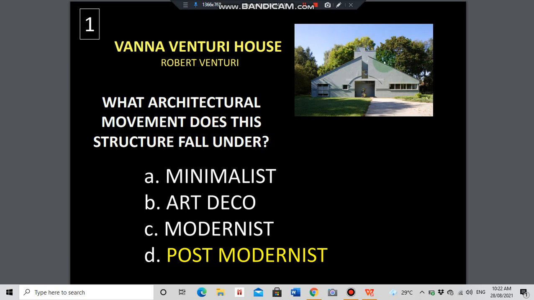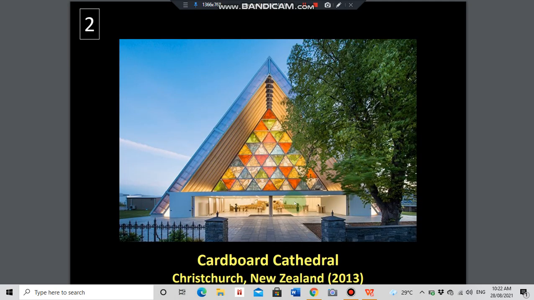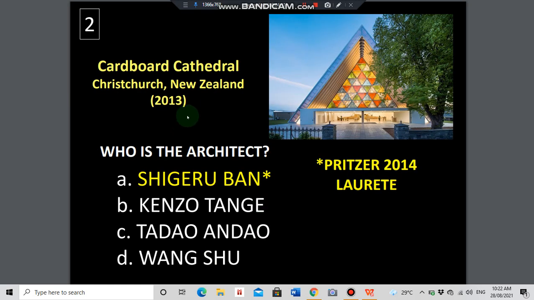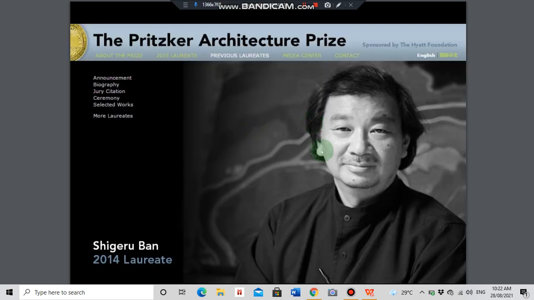So, this type of structure is a postmodernist building. This one is a cardboard cathedral in New Zealand. Sino ang arkitekto? Who is the architect? Shigeru Ban. Yun ang nag-design nito. Yan, si Shigeru Ban.